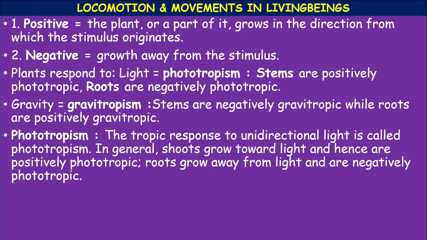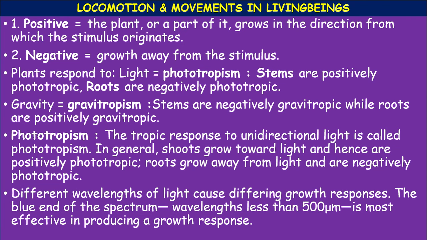Next, phototropism. Once again in detail, the tropic response to unidirectional light is called phototropism. In general, the shoots, shoots means stem, grow towards the light, and hence they are positively phototropic, and roots grow away from the light and are negatively phototropic.